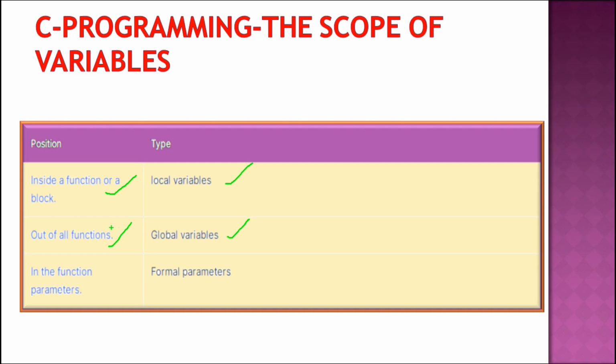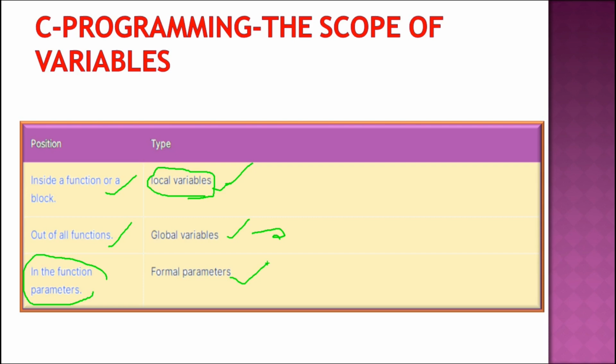That global variable can be accessed by all the functions including the main function. Local variables can only be used within the function; they are not available to other functions. That means it is applicable to only one function. In the function parameters, there will be formal parameters.